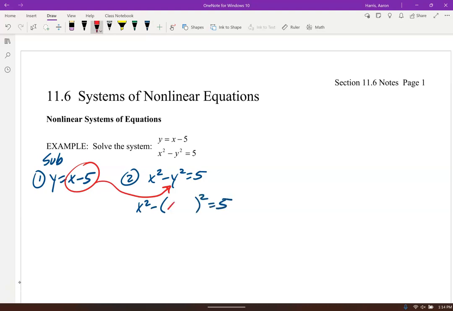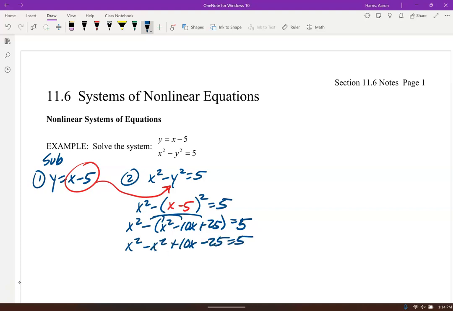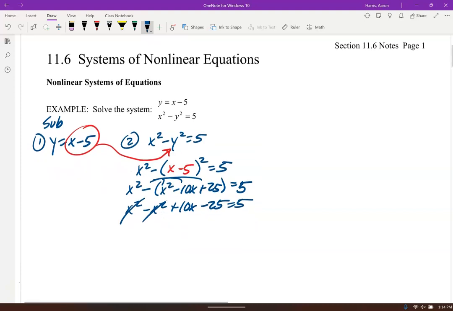Plug that y in. Y is x minus 5. Let's expand it: x minus 5 times x minus 5 is x squared minus 10x plus 25. Notice those cancel, and I'm left with 10x minus 25 equals 5.